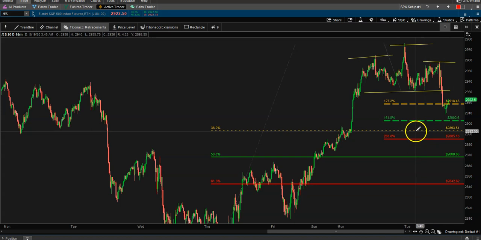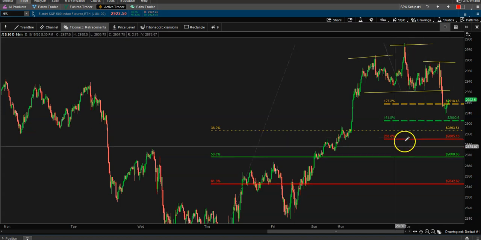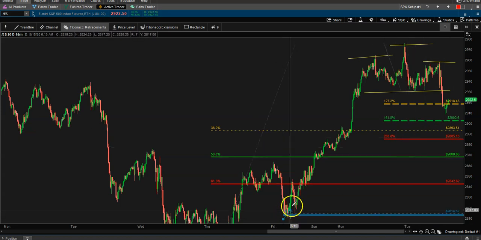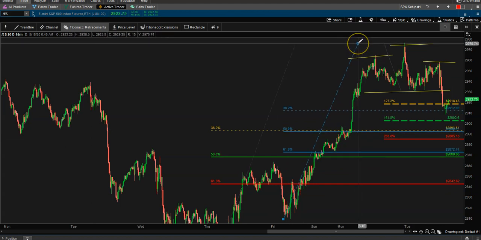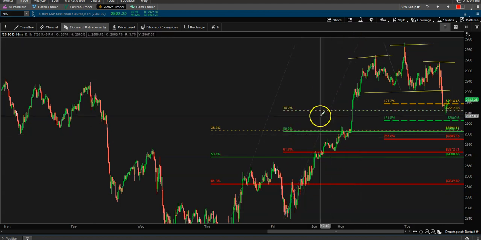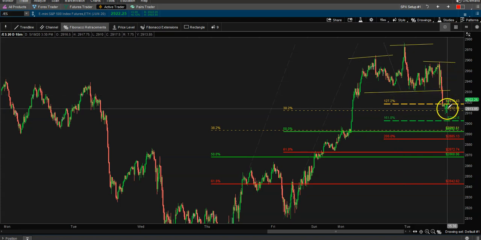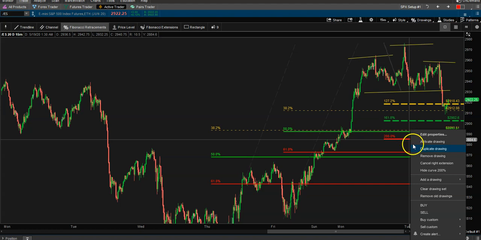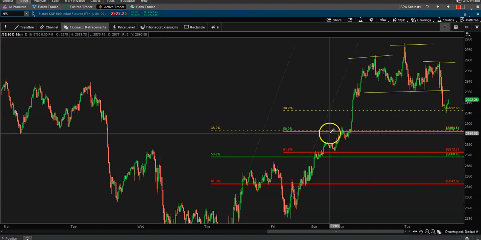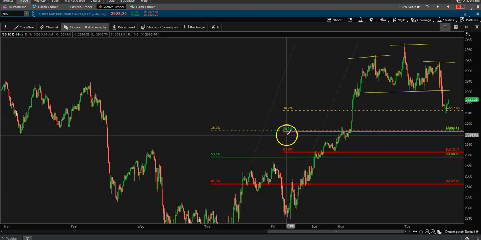I would rather see this overlay this, but if I draw it from here all the way up, okay, well, look at this. Even though I don't get any of the confluence here with these fib extensions, I actually do get them. I got the 50% and the 38.2% all right here.